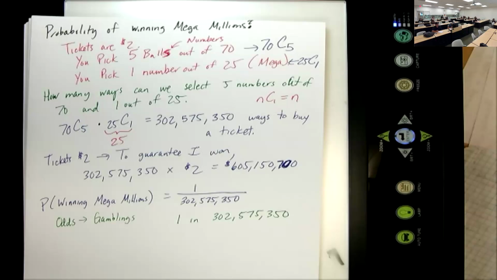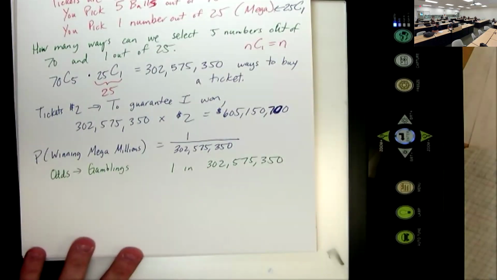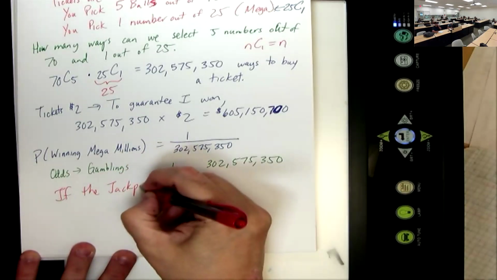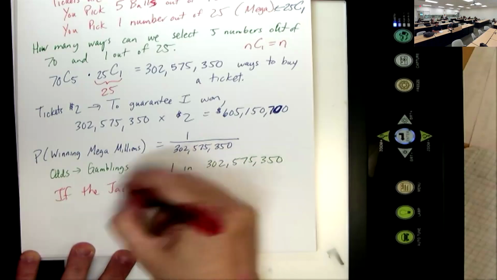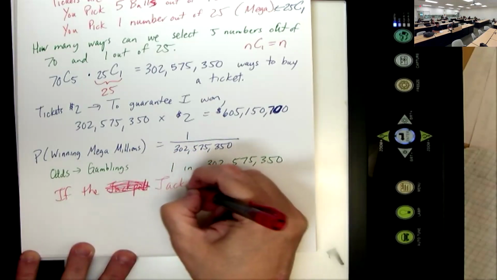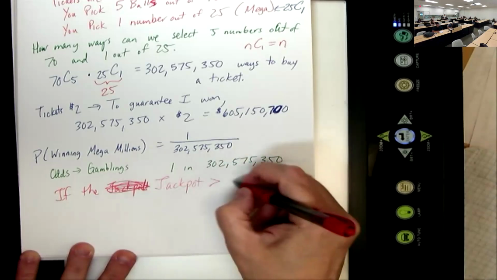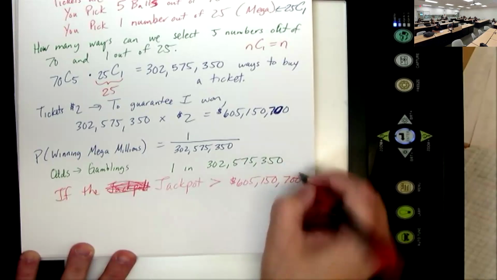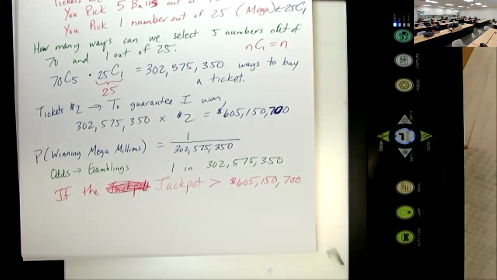So if the jackpot is above, I can spell jackpot right, is greater than that 605 million, and you had some way of buying 302 million tickets in like 3 days, because there's like 2 drawings a week, you can guarantee a win.